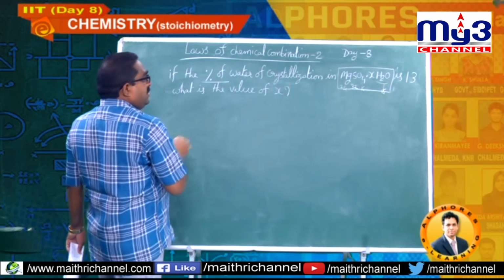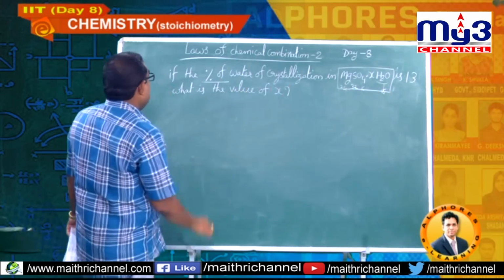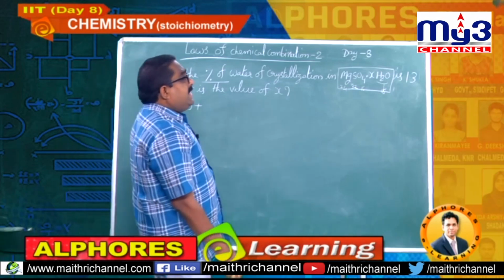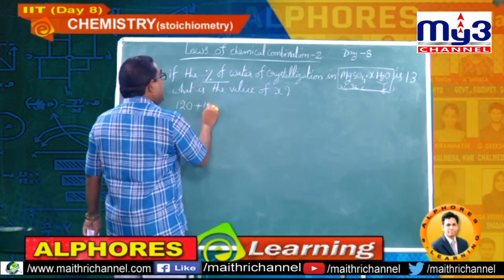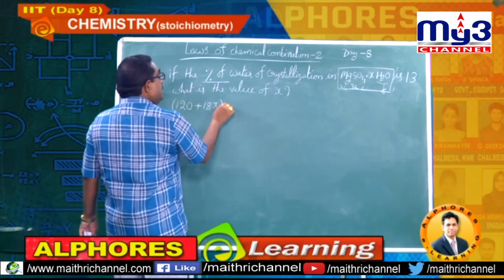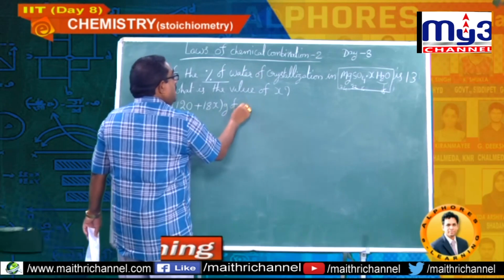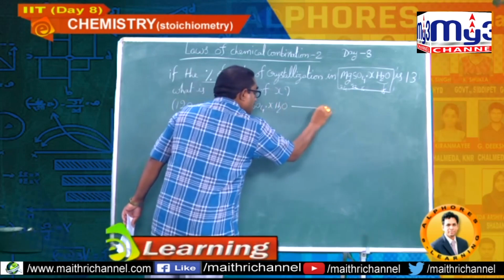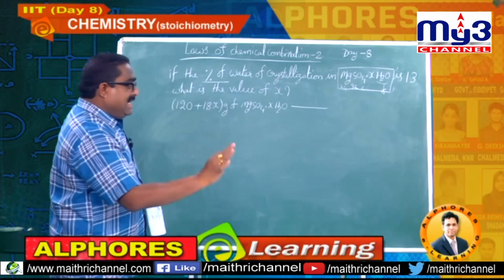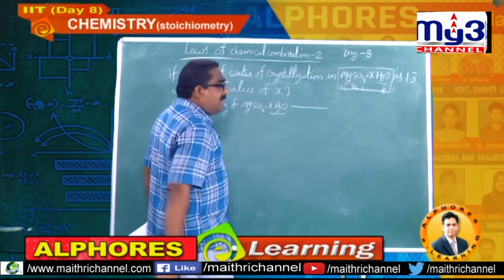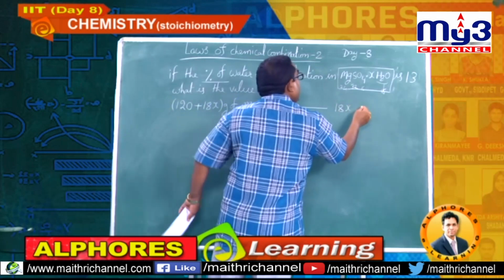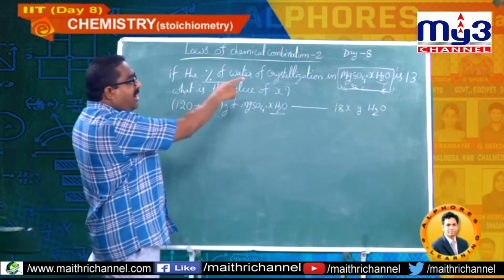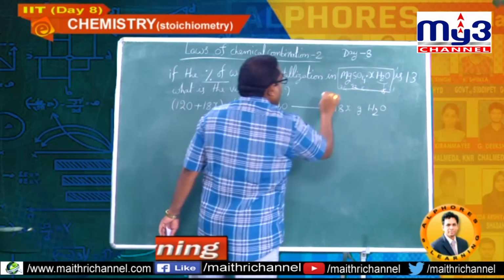Let me calculate. 24 plus 32 plus 64, that is 120 plus. Each water H2O is 18, and there are x of them, so you can write it as 18x. This is the molar mass of MgSO4 dot XH2O. It contains how much mass of water? 18 into x grams of water. This we can write based on the formula of the compound given to us.